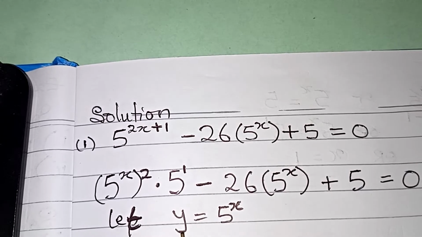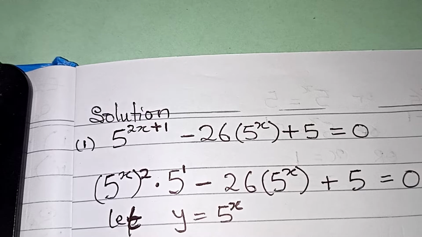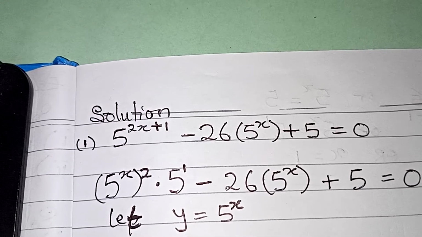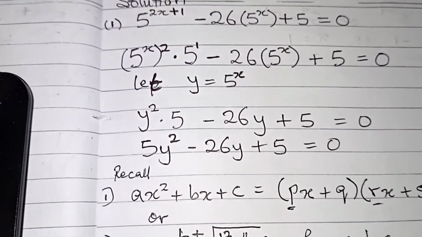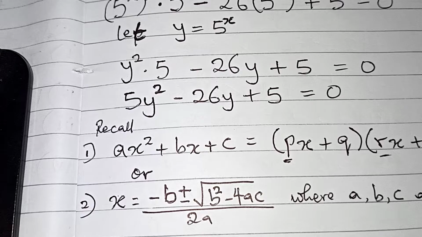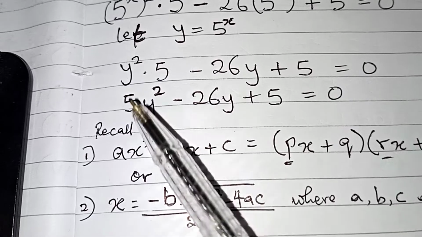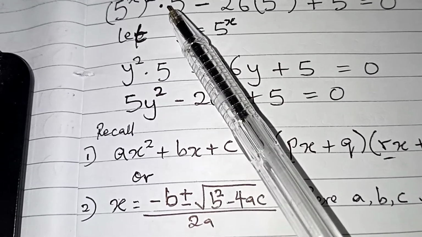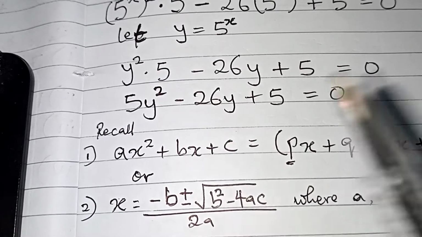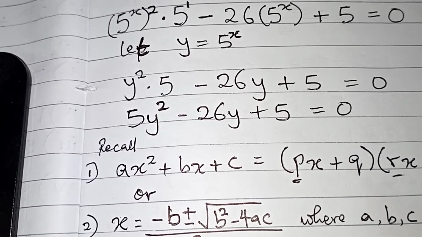So now we can take this 5^x and say let y equal 5^x. This moves us to the next aspect, and you can see how the expression goes. Here we now have y squared, because the 5^x is actually raised to power 2, that is 5 raised to power x raised to power 2.